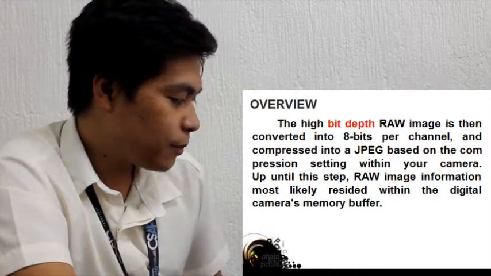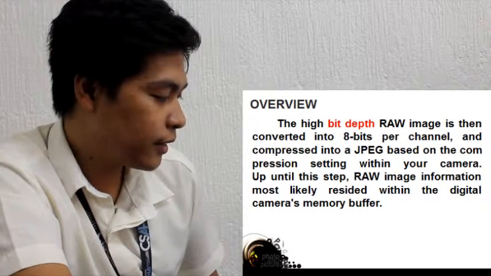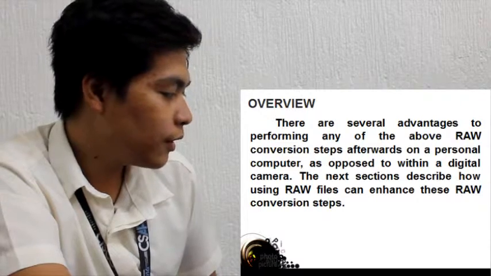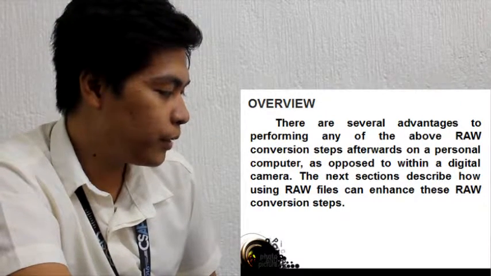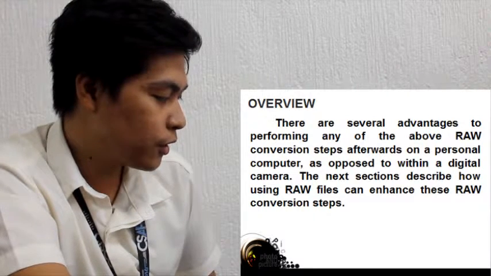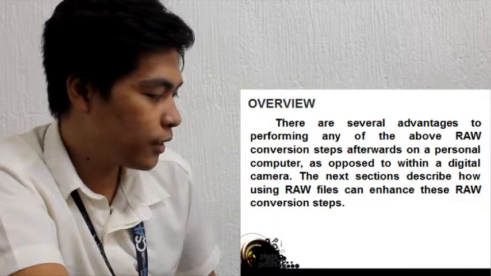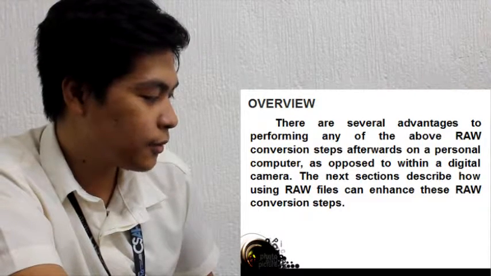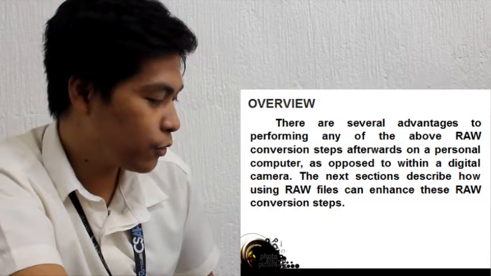Up until this step, raw image information most likely resided within the digital camera's memory buffer. There are several advantages to performing any of the above raw conversion steps afterwards on a personal computer as opposed to within a digital camera. The next sections describe how using raw files can enhance these raw conversion steps.